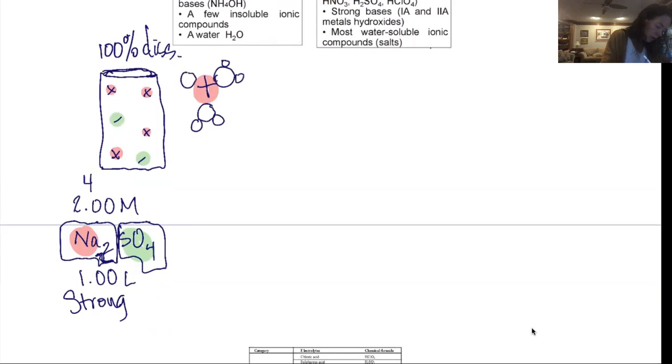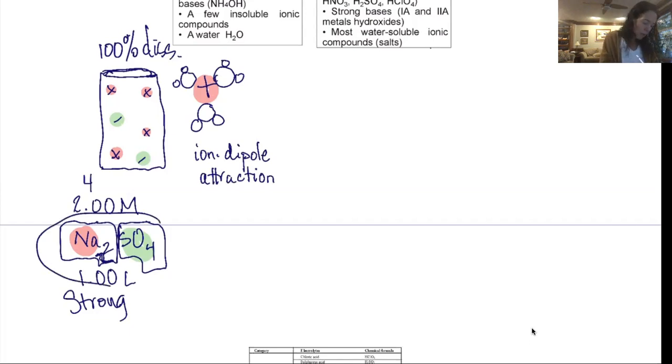It's real simple. The only point is, do you understand that these are the attractions? And this is an ion dipole attraction here, okay? Oftentimes, AP will ask you to identify the type of attraction. In this case, we would have an ion dipole attraction. That's what's causing this, right?